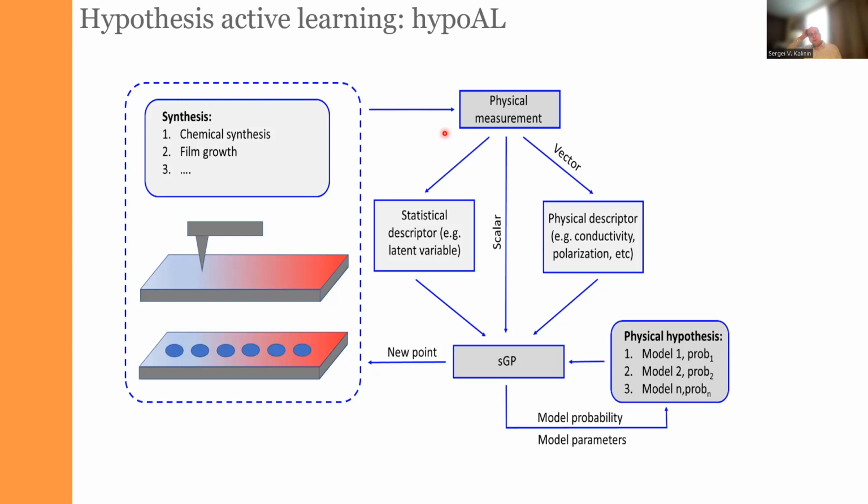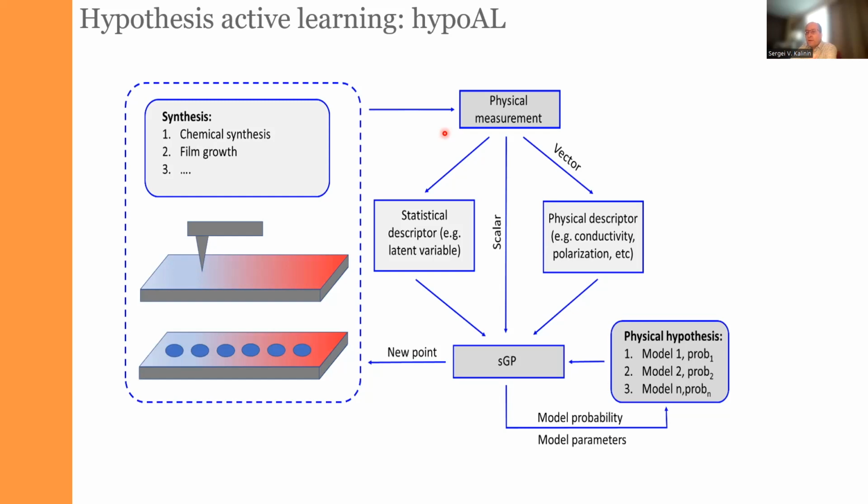The concept that we have introduced in this case is called hypothesis learning, and the way that it is established stems from the observation that if we are lucky to guess the right model in the beginning of the experiment, usually the right model is more predictive than the wrong model.